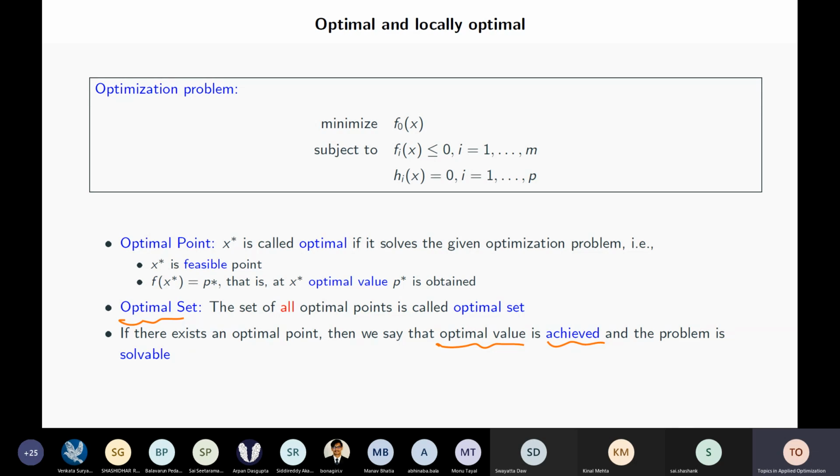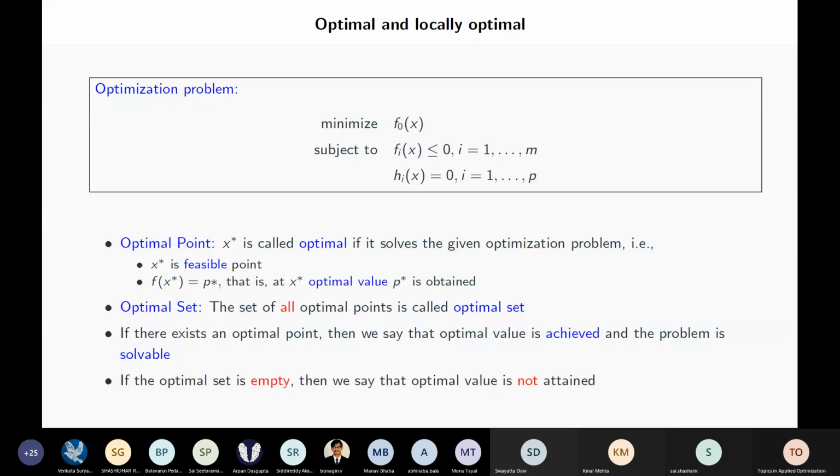In other words, there was no feasible point for which the optimal value could be achieved, and the problem is unsolvable. If the optimal set is empty, we say the optimal value is not attained. There does not exist any X star for which P star can be obtained. If X star is not there, then P star is also not attained.